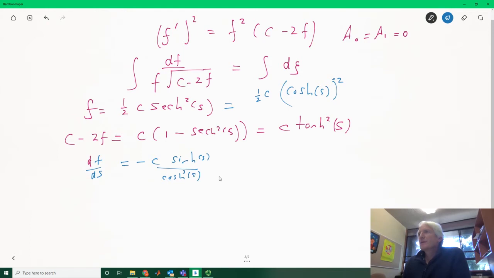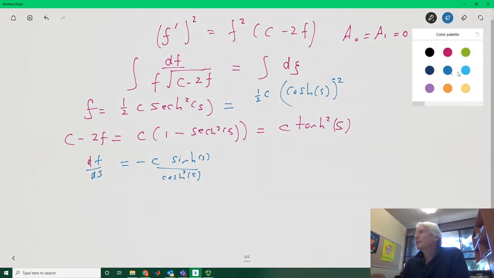Alright, so now I substitute all of this mess into the equation. What do I get? Kind of a miracle is going to happen here. We wouldn't have come up with this without a good scheme.